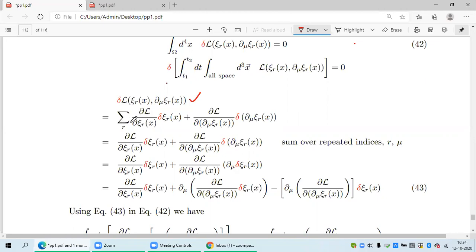But you don't take care of the role of x here, because the effect of x you have already put in this integral and brought out a point function in x. So when you say delta of psi r, that means you change the field by this delta function. What will be the change in this L? So this is this change.